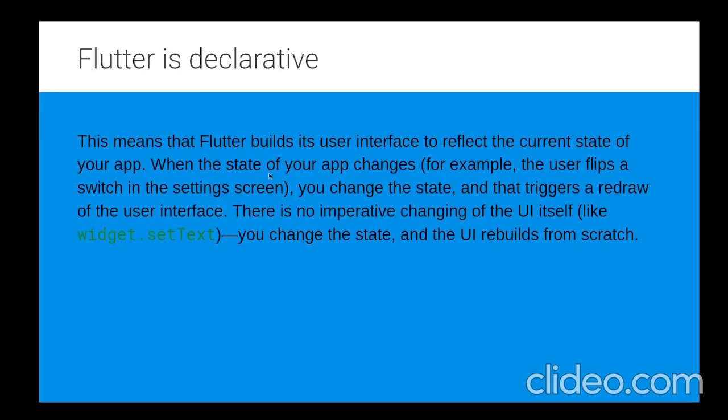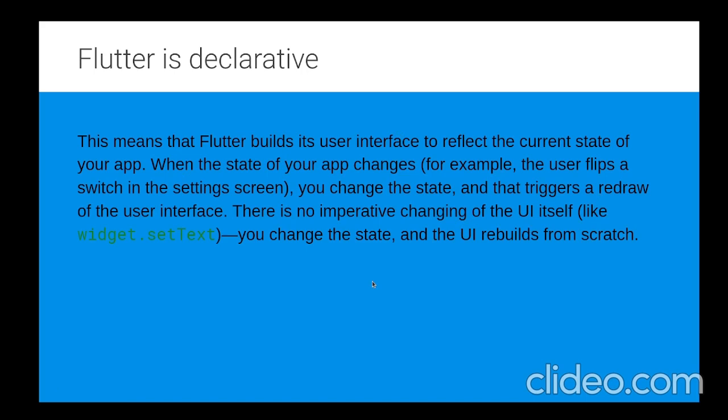This means that Flutter builds its user interface to reflect the current state of your app. When the state of your app changes, for example, the user flips a switch in the settings screen, you change the state and that triggers a redraw of the user interface. There is no imperative changing of the UI itself. You change the state and the UI rebuilds from scratch. So this is the meaning of declarative.